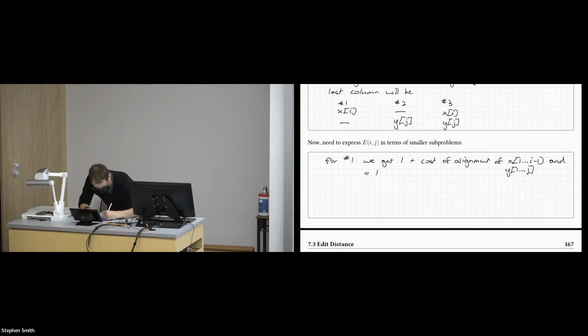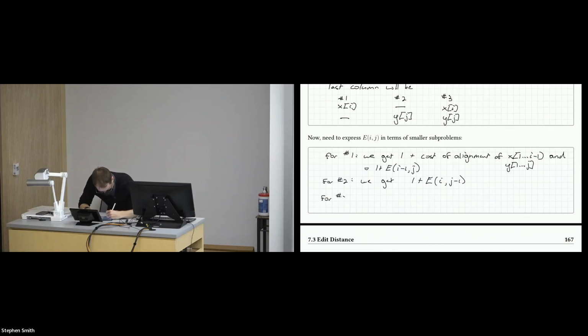That's just going to be 1 plus E(i minus 1, j). For number 2, we get 1 plus the alignment of all of x from 1 to i with y from 1 to j minus 1.